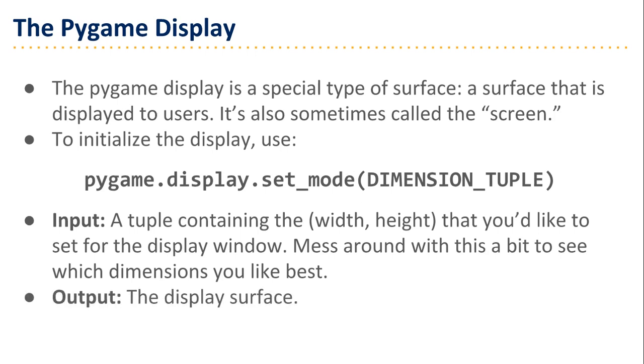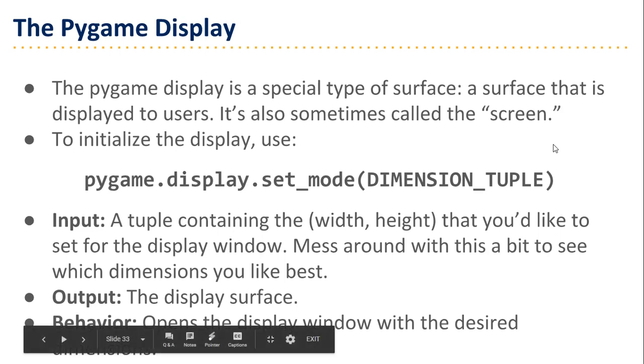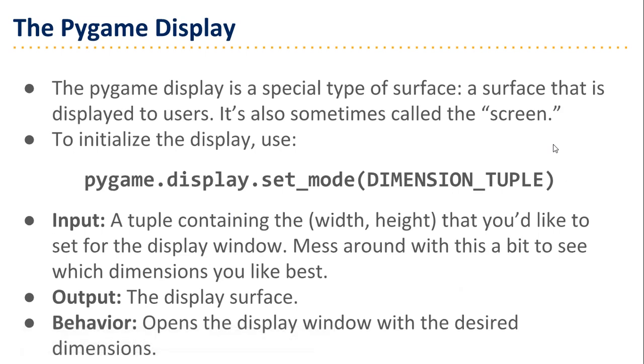The output of this function is the display surface that is created. Again, the display is just a surface. And the behavior is that it opens the display window with the desired dimensions that you input. Now, take a second and think about this slide. Look at it. There's something a little bit weird about how this function works. So normally, a function in Python has either an input and an output, takes in some input and produces some output, and that would be like a reporter in Snap.